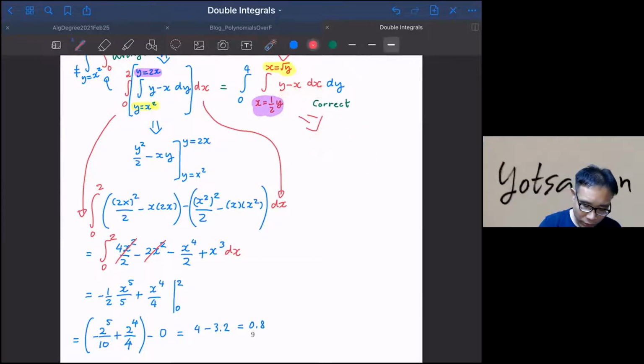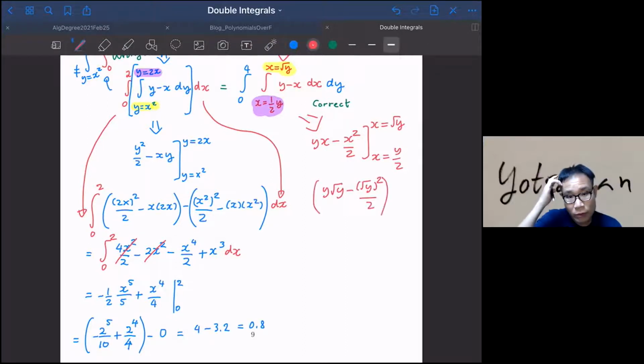So this will be yx minus x squared over 2, from x equal to y over 2 to x equal to square root y, and you have y root y minus root y squared over 2. That is going to be this integral.